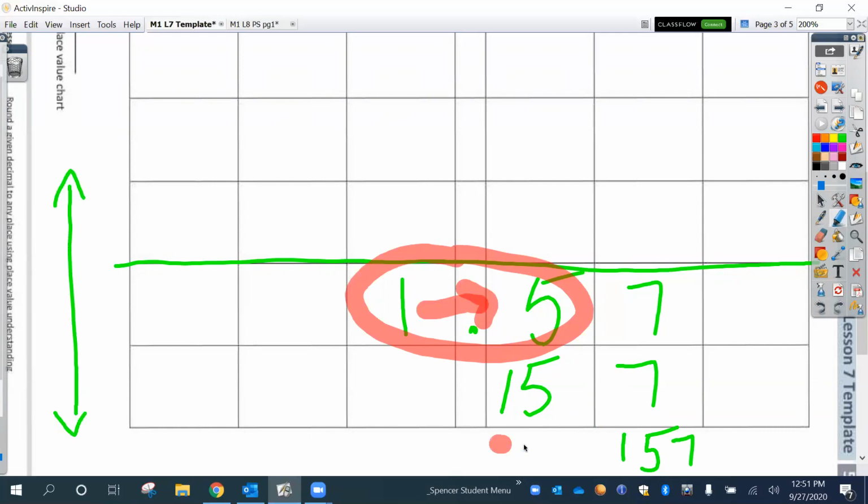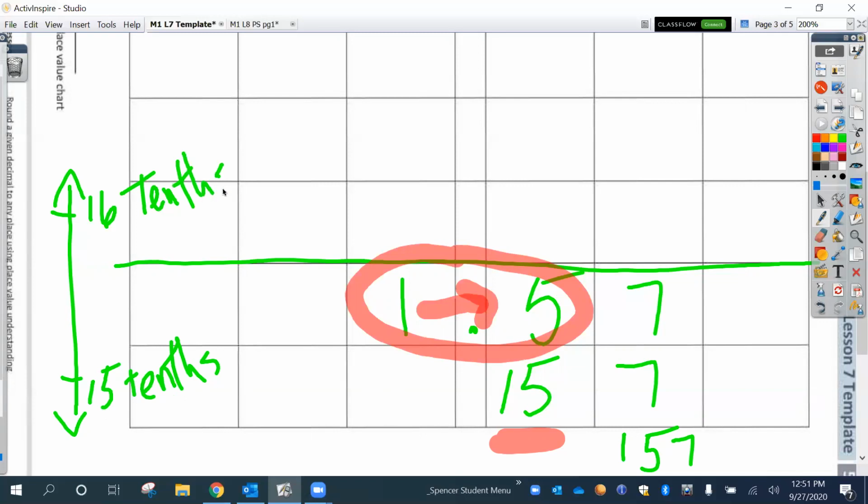And we know that if we're looking at the tenths, we know we're looking at 15 tenths and 16 tenths, right? The one above 15 is 16. So we're either rounding to 15 or we're going to round up to 16 tenths.